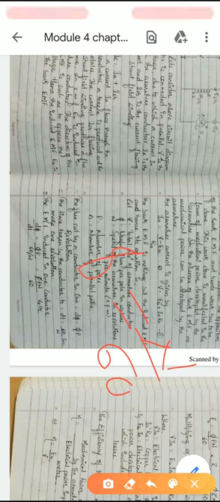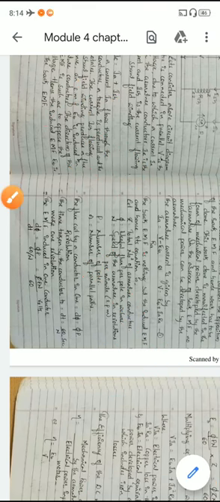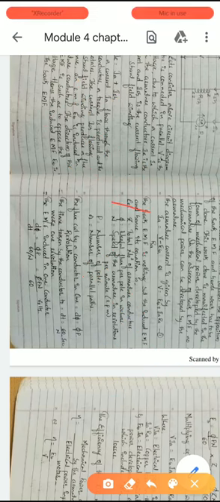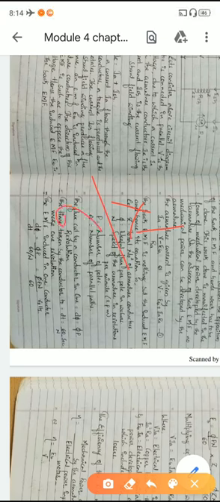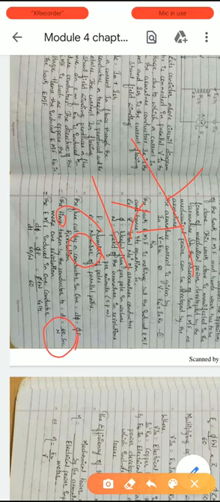What is the relation between frequency and time? It will be 1 by f. Therefore I will get 60 by N. N is in revolutions per minute, therefore if you want revolutions per second, divide by 60. The time taken for one revolution will be 1 by this, therefore it will be 60 by N.